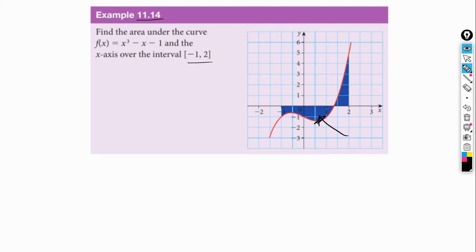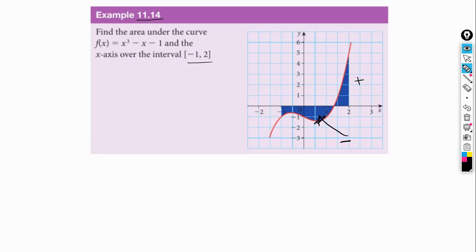So if we do a straightforward integration, we're going to get a negative result for this part. We would still get a positive result for this part, but the overall integration would be negative. Notice that the bottom area is larger than the top area, so we would get a wrong answer because we want the area in terms of a positive number.